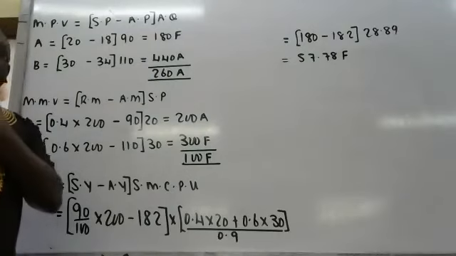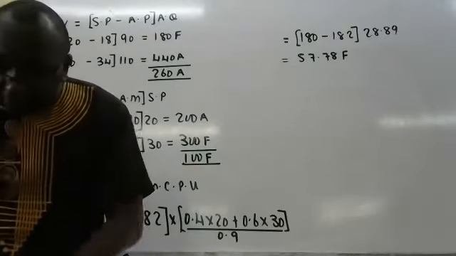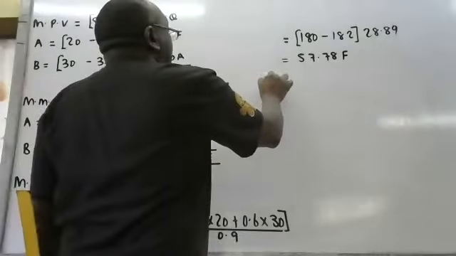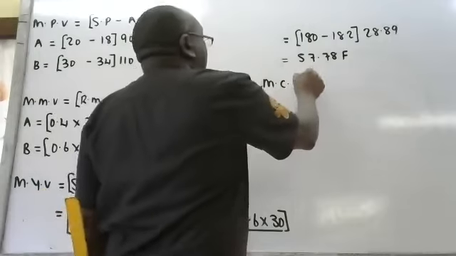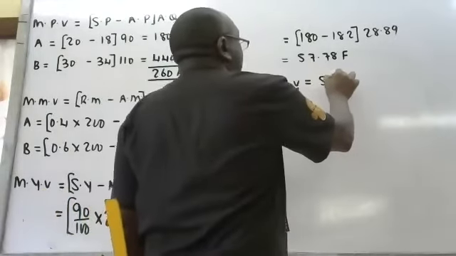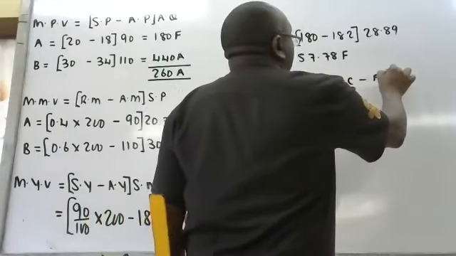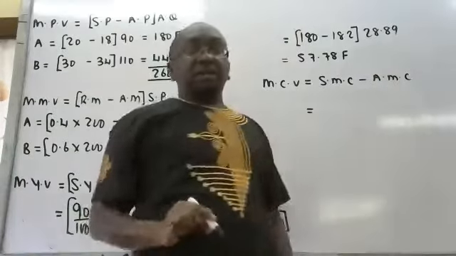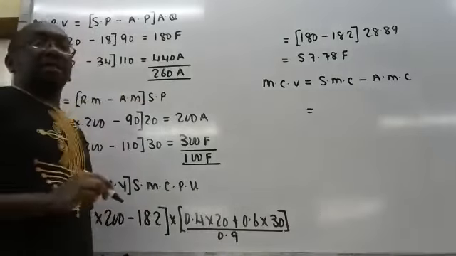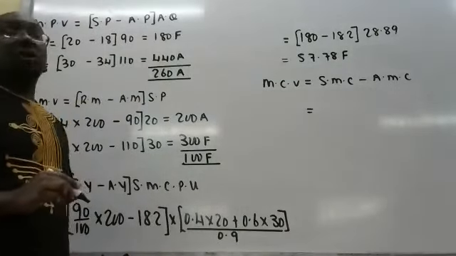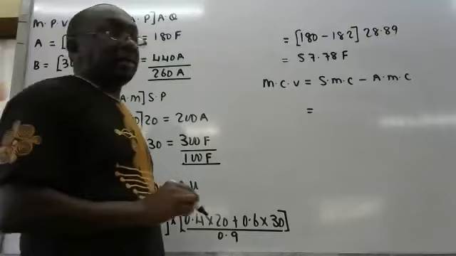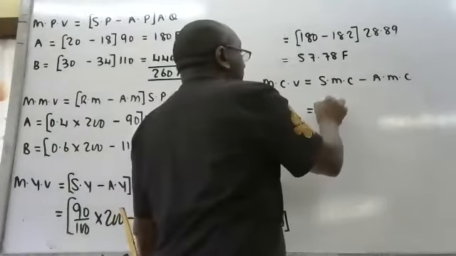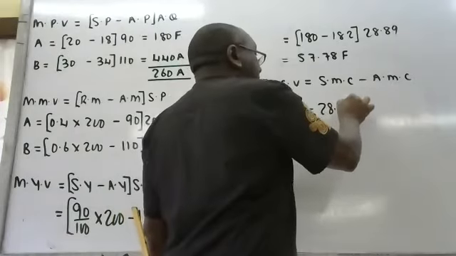Okay, then that is how it is. And finally, material cost variance. Material cost variance is given as standard material cost minus actual material cost. Standard ones again, I have been saying that it is per unit. So per unit, it is 28.89.